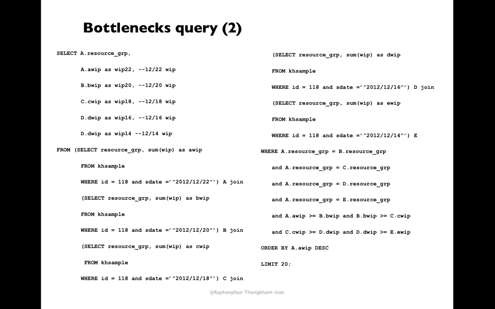We also have to make sure that we get only the bottleneck machines, so in the where clause, the value of width of the sampling day has to be higher than the day before. That means we are finding the increase of width of the machines, and we order by descending. This means we are finding the highest width, the most problematic machines, and I got only the top 20 rows of the result.